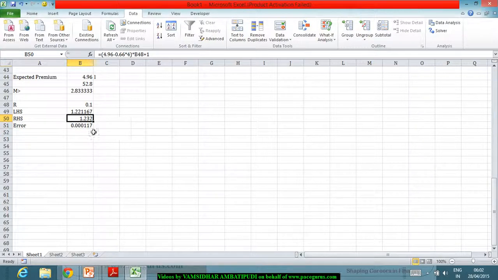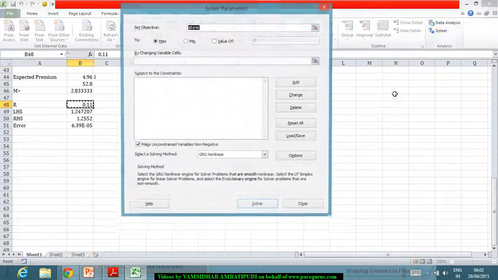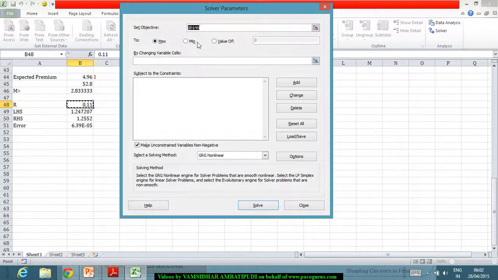So if I'm taking this as 0.11, it is coming very much closer to 0. So I should be able to work out taking the value to be as good as 0. Let me see if Solver can do this a little bit better.